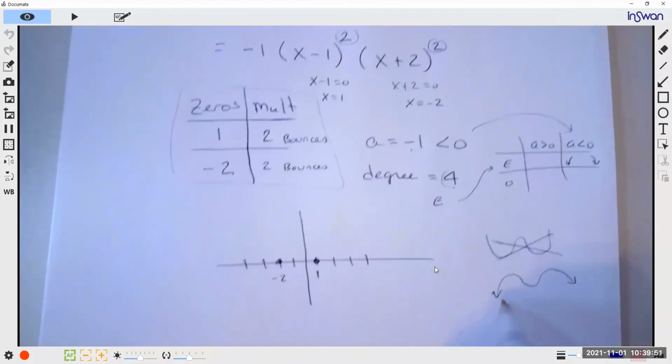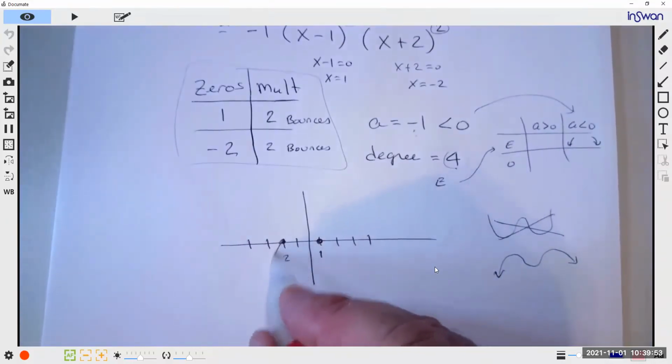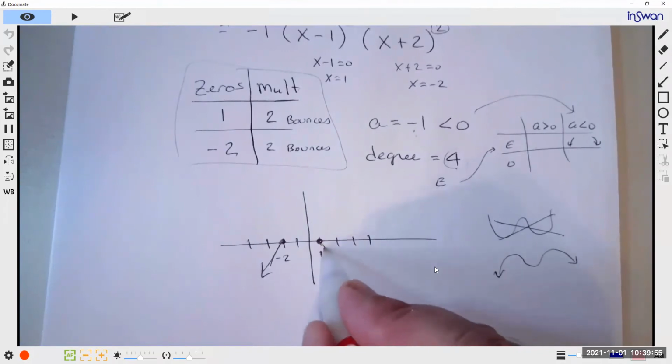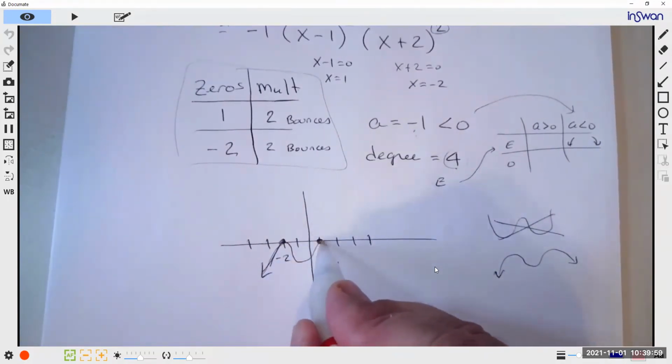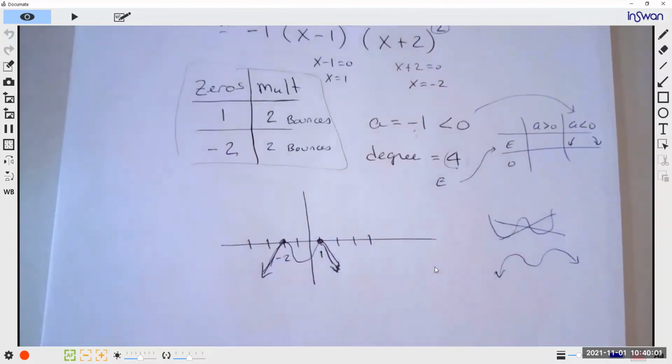And it has to go down. So there's our graph, or a rough sketch of what a graph might look like. Okay, so that's if it's given to you in the factored form.